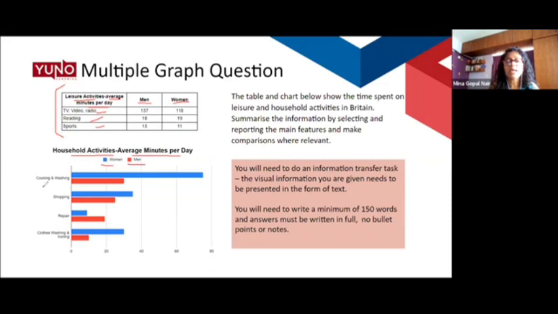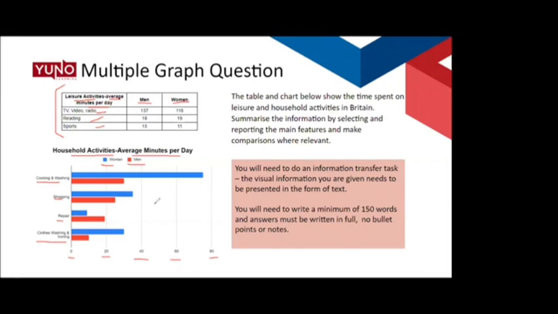You've got a number of activities here: cooking and washing, shopping, repair, and clothes washing and ironing. Here you have time mentioned: 20 minutes, 40 minutes, 60 minutes, and 80 minutes.